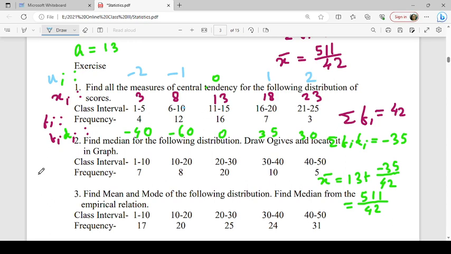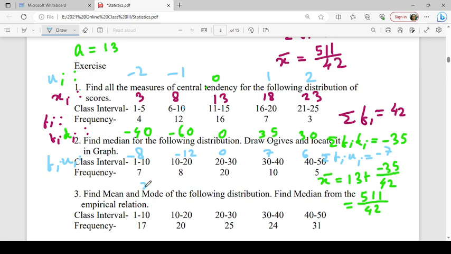Then fiui will be minus 8, minus 12, 0, 7, 6, and summation fiui is minus 7.